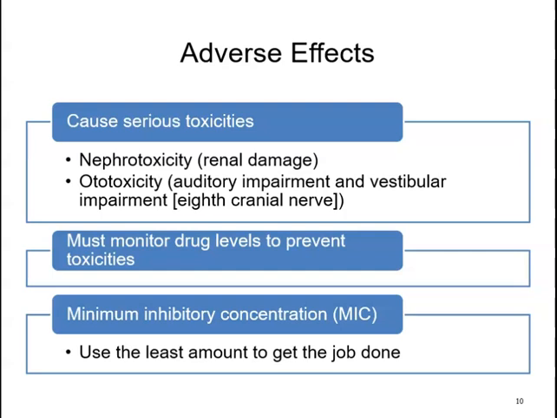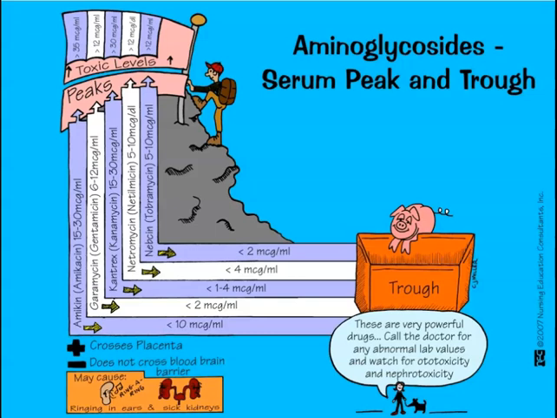And the other thing is monitoring the drug levels. Because these drugs are aminoglycosides, they're the old and mean meds. They can cause some serious problems, and they have a narrow therapeutic index. So we look at the serum levels, we measure them to prevent toxicity.